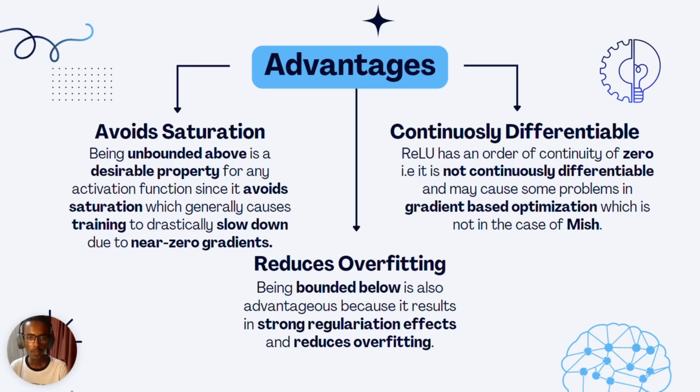And finally, it's continuously differentiable. ReLU is not a continuously differentiable function, which means at some point ReLU is going to be zero and it's not going to be differentiable there. And this may cause some problems in gradient-based optimization, which is not the case for Mish, because Mish is continuously differentiable, which means we're going to get a value when we differentiate the function.